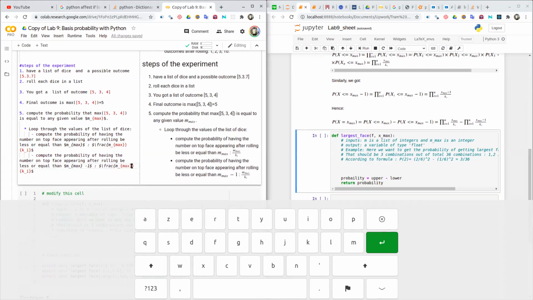It is M max minus 1 divided by Ki. You got it? Yes. Okay. After having these two probabilities, you should make the product of the probabilities.